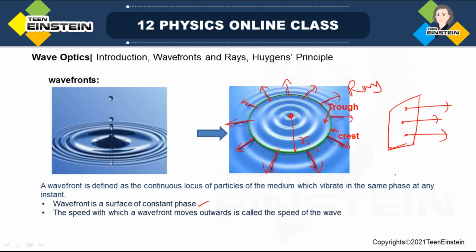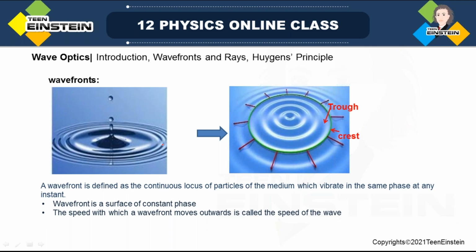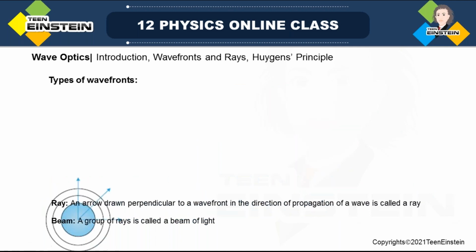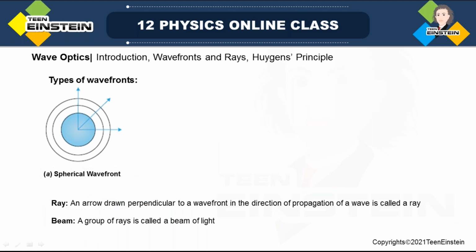Anyway, I have shown you here a circular or spherical kind of wavefront, but the geometrical shape of the wavefront differs, and that depends on the source. Here in this case, you have just impacted a point in the water surface, so you get a circular or spherical wavefront. Depending on the nature of the source, you get a different shape and size of wavefront.